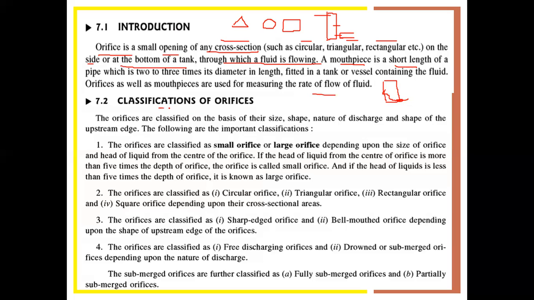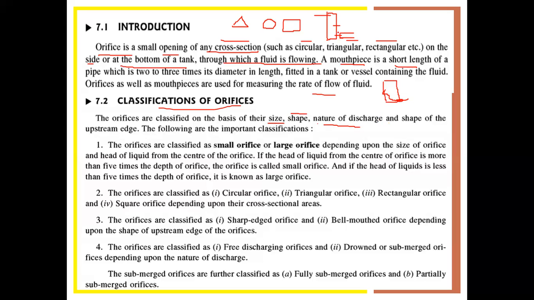Then, the classification of orifices. These are classified on the basis of their size, based upon the shape, and based upon the nature of discharge: how it is sending the fluid outside, slowly or fast, and in what orientation.